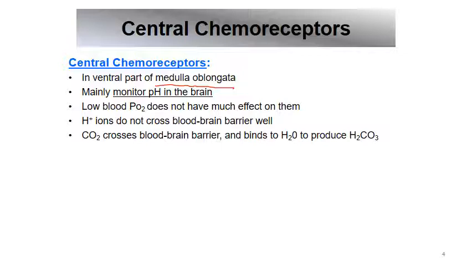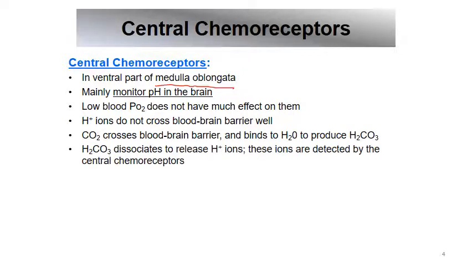When CO2 crosses, it attaches to H2O and produces H2CO3, which is called carbonic acid. Then this carbonic acid dissociates, meaning it separates and releases hydrogen ions. After it releases the hydrogen ions, it becomes bicarbonate.